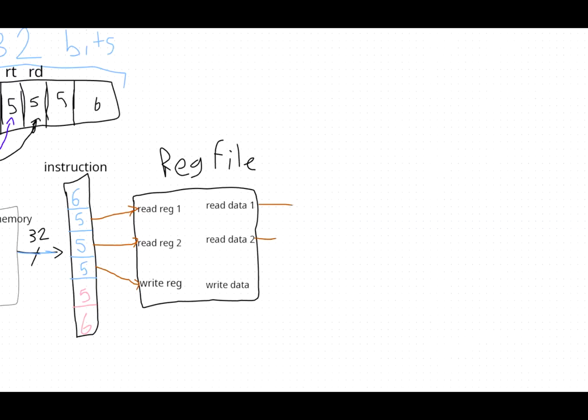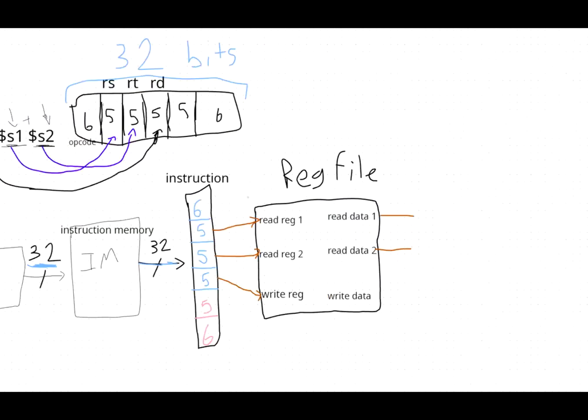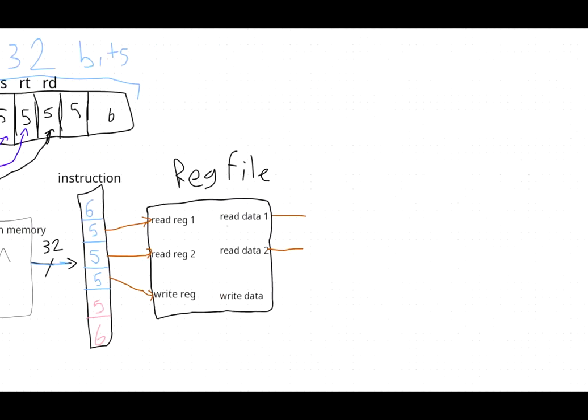So again it's add S3, S1, S2. We take what's in S1, which is happening here. We take what's in S2, which is happening in here. We need to add them. How do we do that? We use an ALU, which is for computation. This is a terrible ALU.